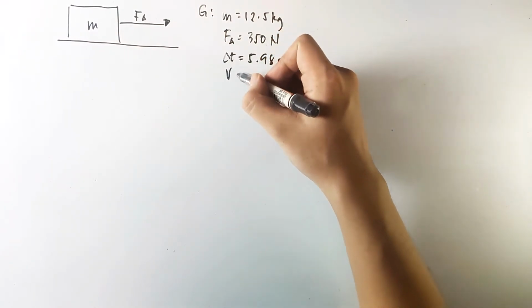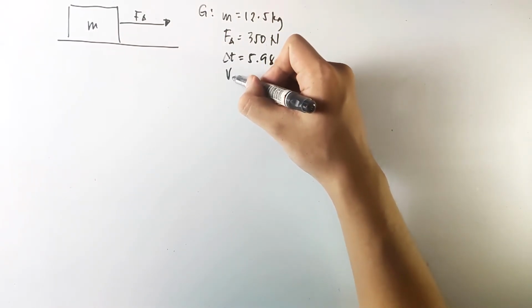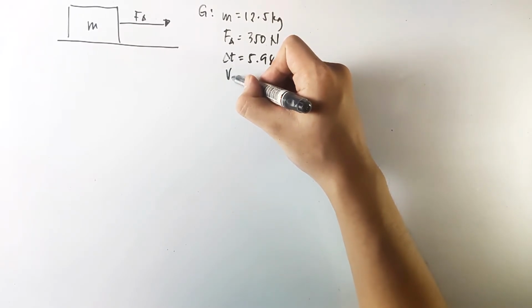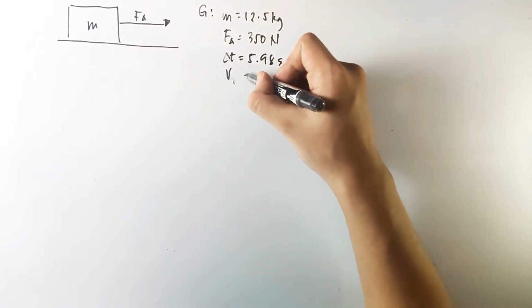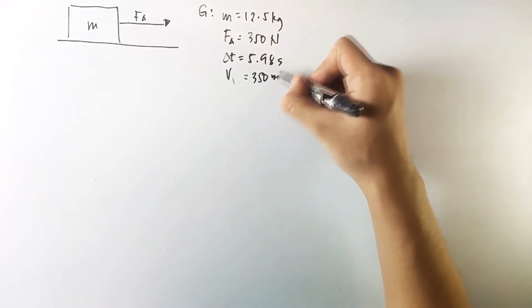Let's say that's a certain velocity, v sub 1, a nondescript velocity, which is 350 meters per second.